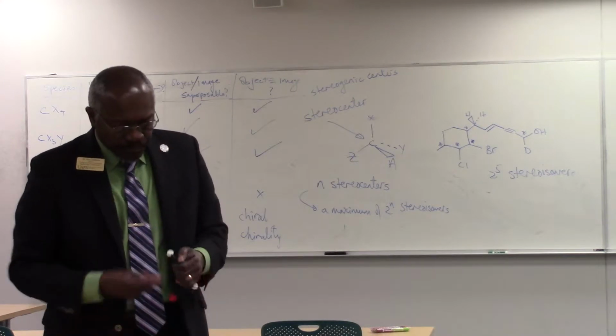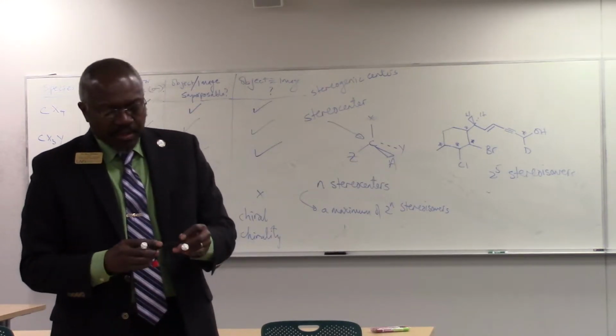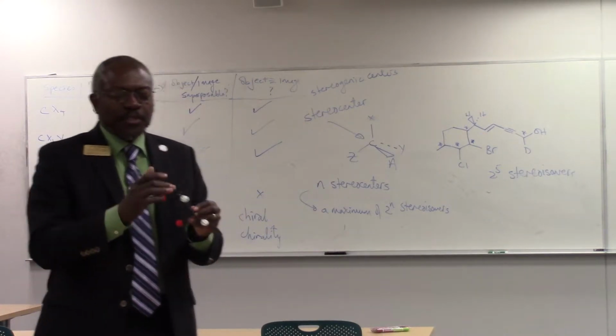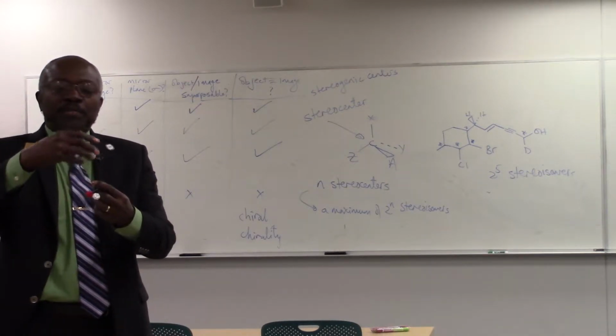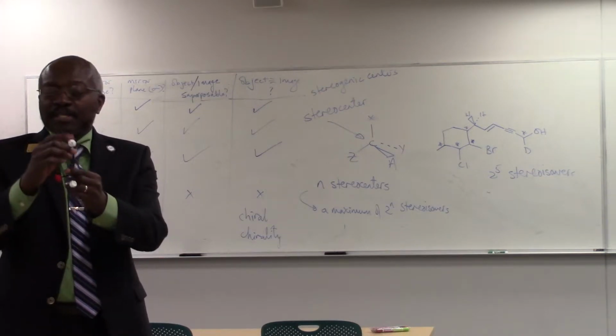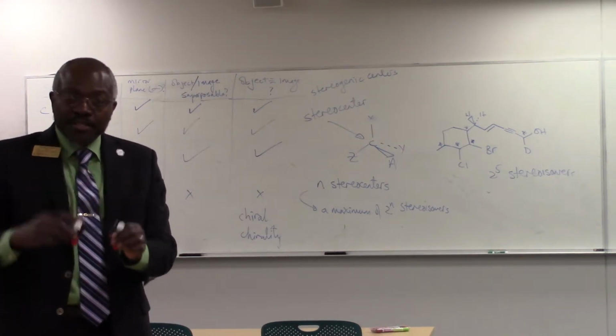So if I look at this compound, essentially this is a compound having 2 stereocenters, right? This carbon is attached to white, red, blank, and then another carbon, and it's tetrahedral, so it's a stereocenter. So I've got 2 stereocenters in this compound.